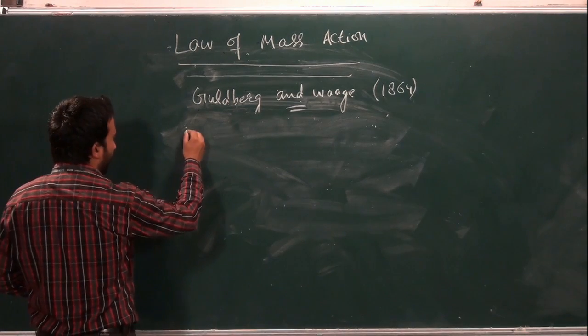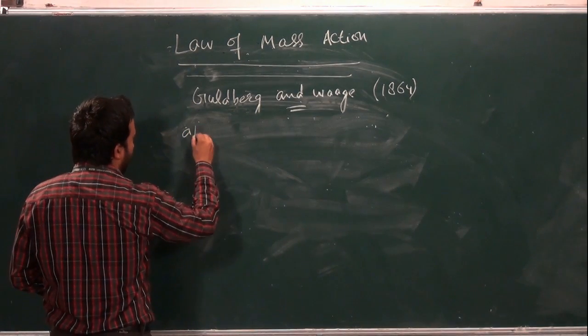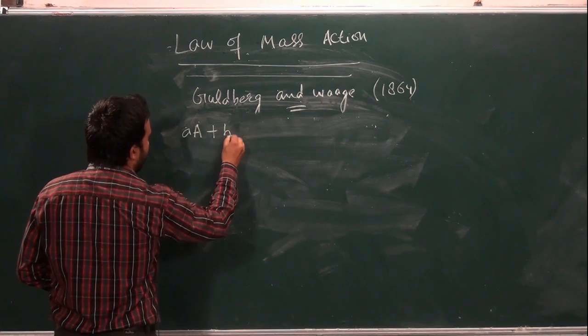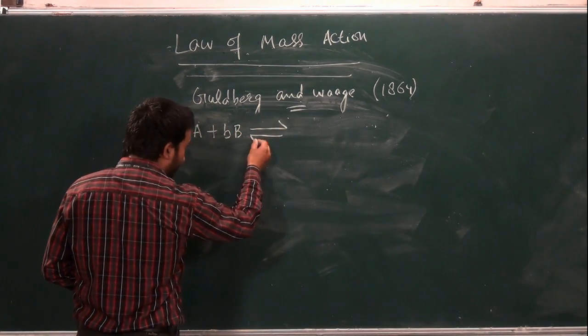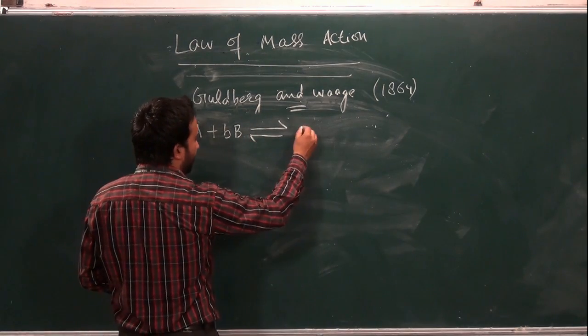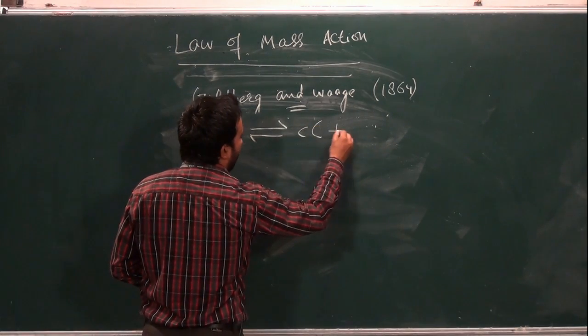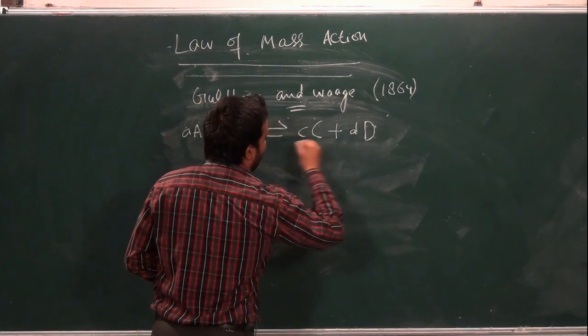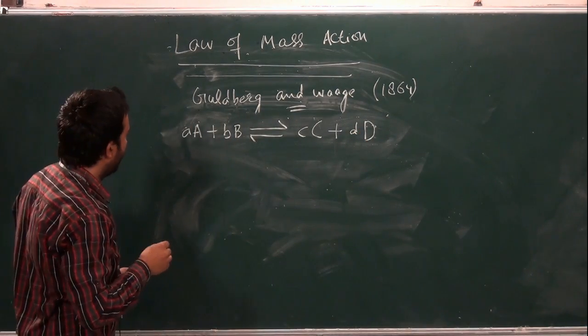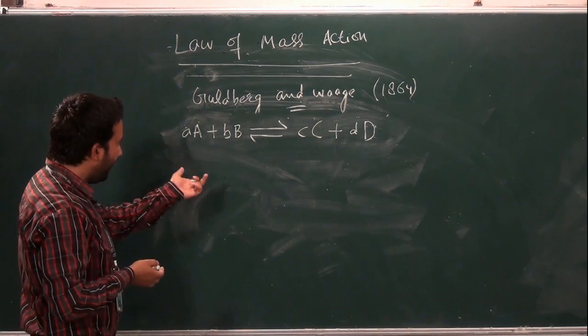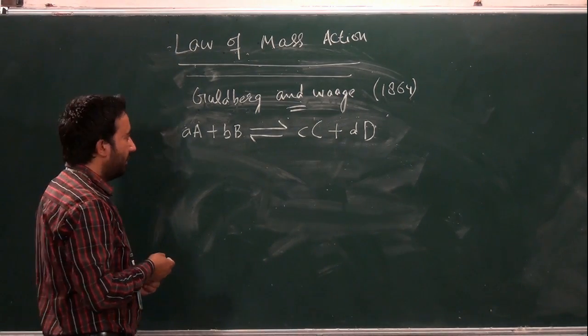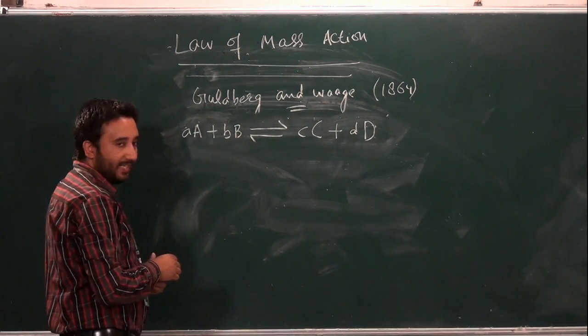Let's have a reaction: A plus B, with the sign of reversibility, giving you C plus D. So here we have two reactions, the forward reaction and the backward reaction.